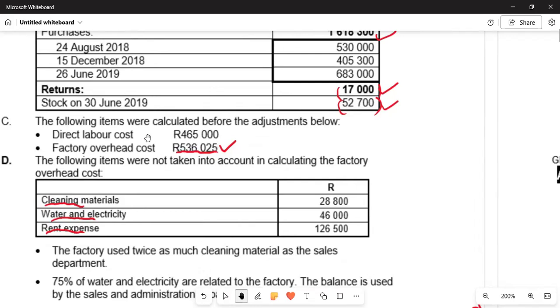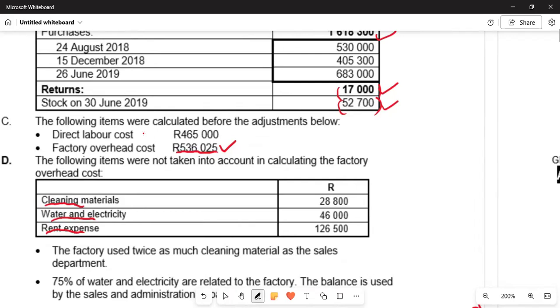As we come to C, you can see where it's written the following items were calculated before the adjustment below. We are given direct labor cost, which is not an indirect cost, so it has nothing to do with our factory overhead cost. We have factory overhead cost, which is a total before the adjustment, as we are told. This one is going to affect our factory overhead cost note.